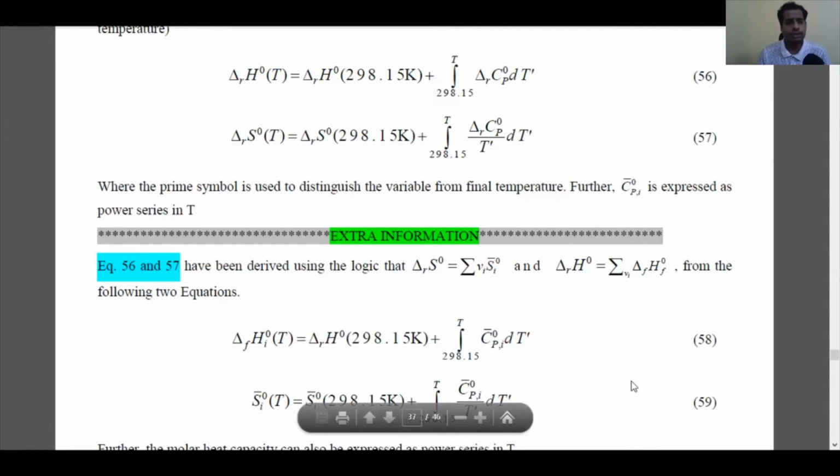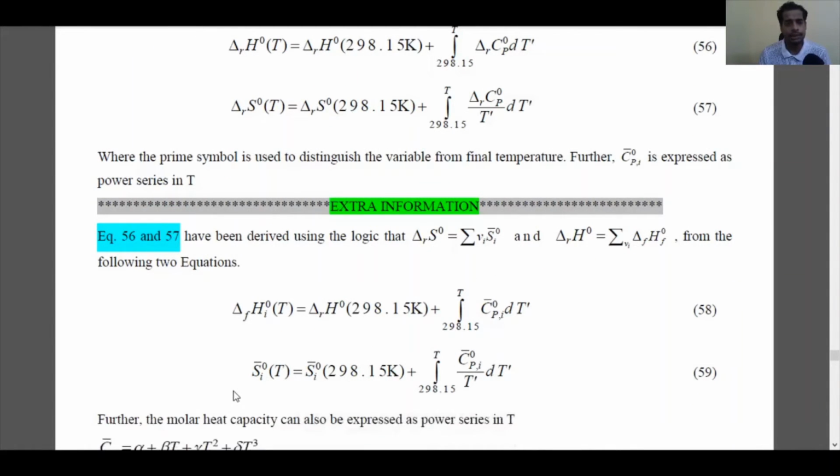Similarly, the molar entropy at any temperature is given as the molar entropy at 298 Kelvin plus the integration of Cp over T dT. From these two basic thermodynamic equations, we obtained equation 56 and 57.